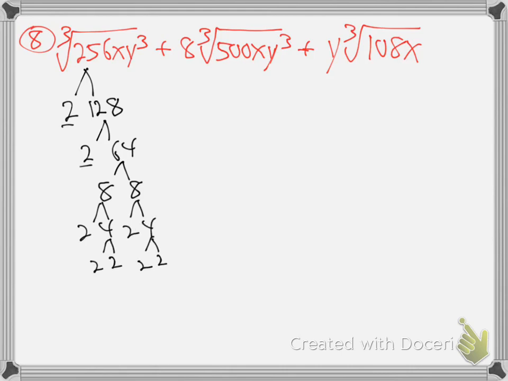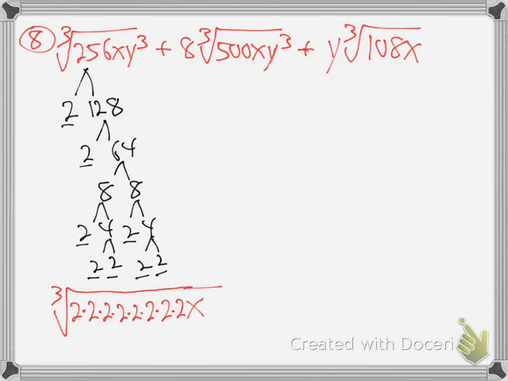So 1, 2, don't miss any, 3, 4, 5, 6, 7, 8 2s. I got 8 2s. So this is going to be the cube root of 8 2s, x and y cubed.